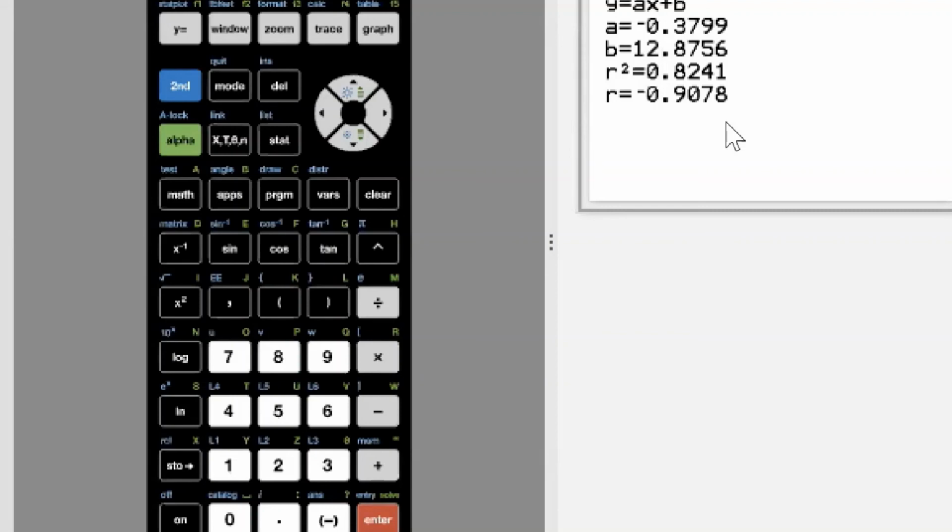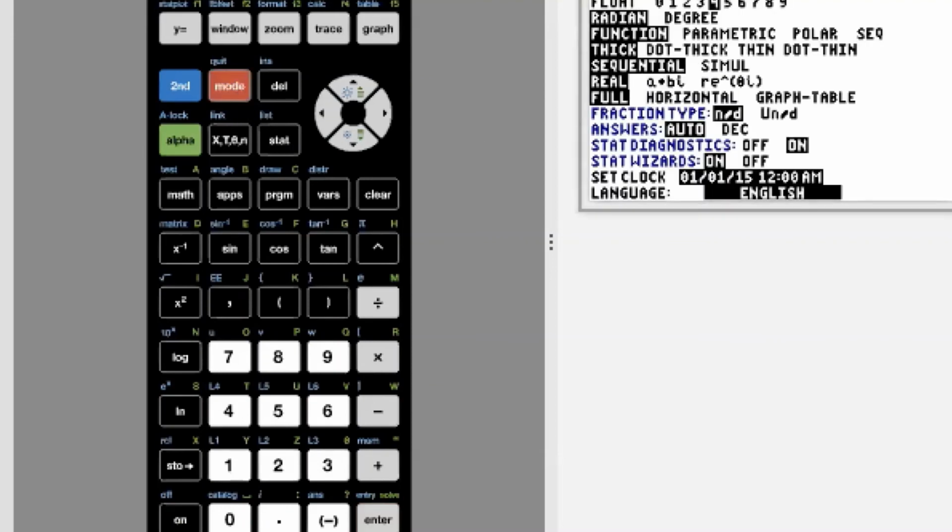Can you hear me? Yes, my calculator's not showing R. Yes, mine too. Okay, that's a good question. So let's do one thing. If your calculator is not showing R, go to mode, everybody, and then scroll all the way down and check this one, stat diagnostic.